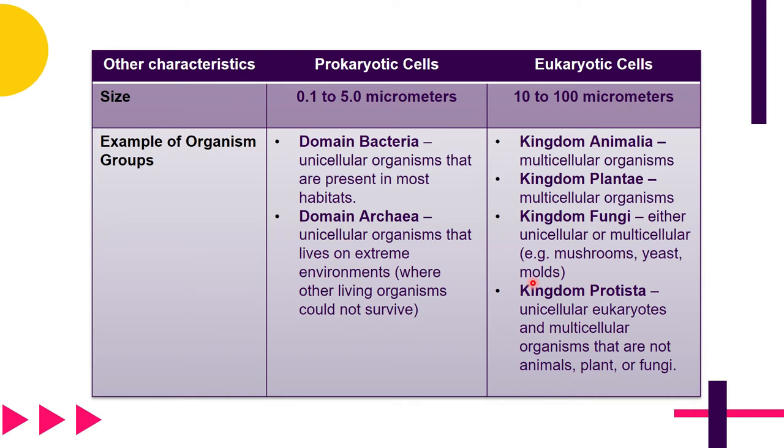When your packed food or bread is left out, what grows there is mold. If you see molds on your bread, even if only a certain part of your bread has mold, do not eat it. Don't just scrape it off, promise, because the part that has no visible mold actually has molds too, you just can't see it. And then another example of eukaryotes: unicellular organisms or multicellular organisms under kingdom Protista.